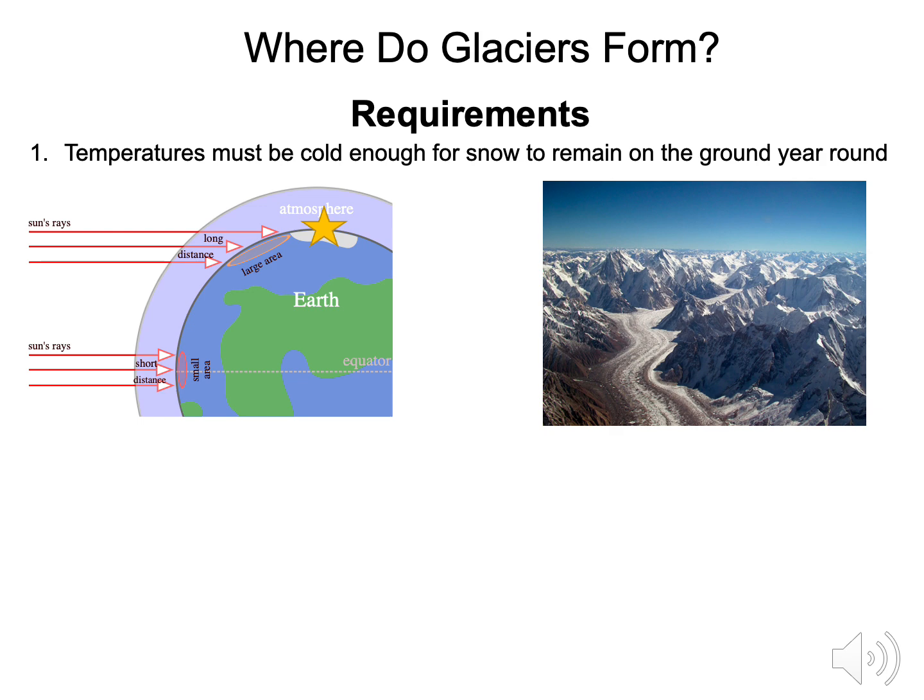In the mountains of Alaska that are at a high enough elevation, temperatures are cold enough for snow to remain all year. So this would be another location in which we could see this requirement met. We could see it met in terms of our high latitudes with Greenland and Antarctica, and we can also see this requirement met at high elevations or high altitudes in mountain ranges.